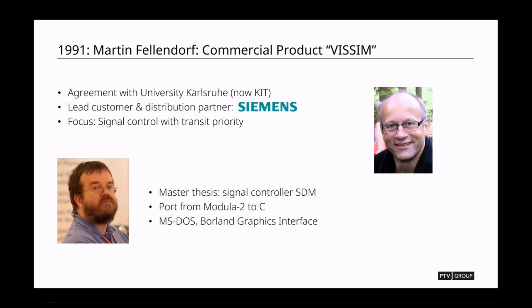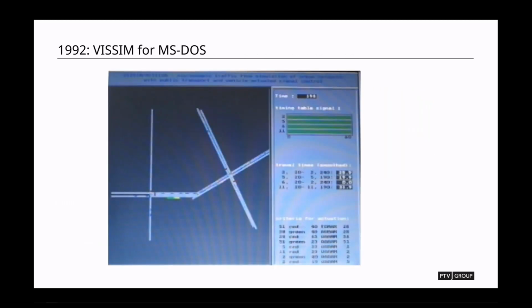It had lots of parameters and died very few years later, but at that time it was still used in Karlsruhe, and we could do some projects there. At that time it was still MS-DOS. There was no Windows yet, and we used the Borland graphics interface, which then looked like this.